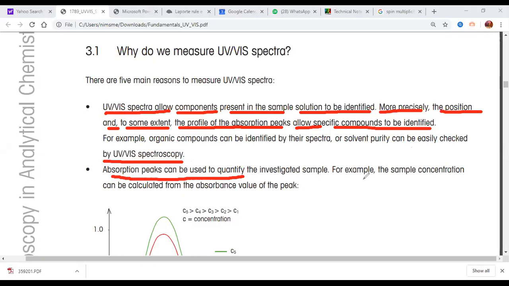For example, the sample concentration can be calculated from the absorbance value of the peak.